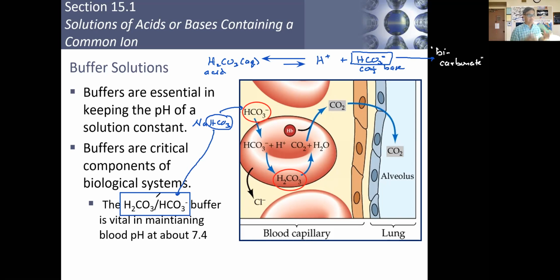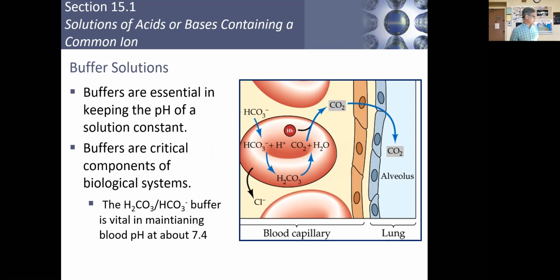A buffer solution is simply a solution in which you have an acid and its conjugate base, or a base and its conjugate acid. These buffers are very important, not only in chemistry, but in maintaining everyday life in most organisms. So let me save that, and let's examine what these buffer solutions do.